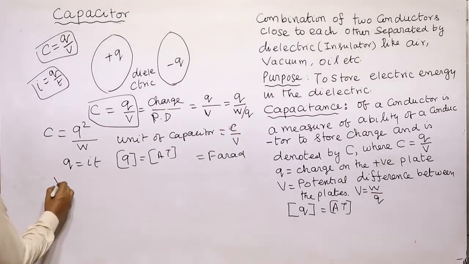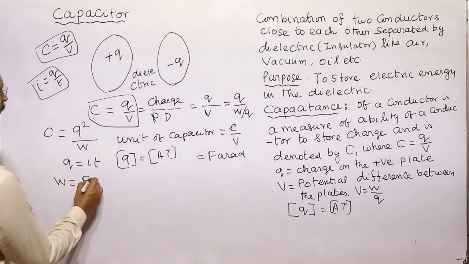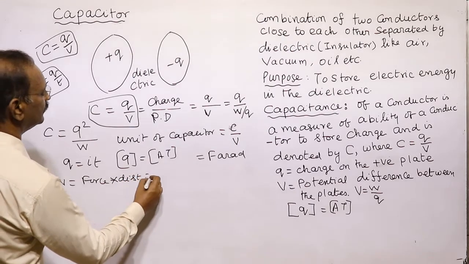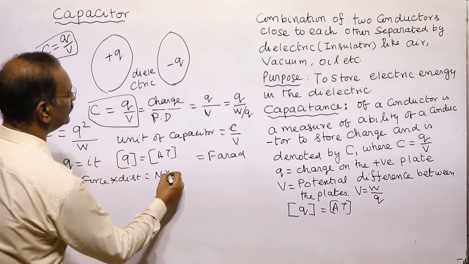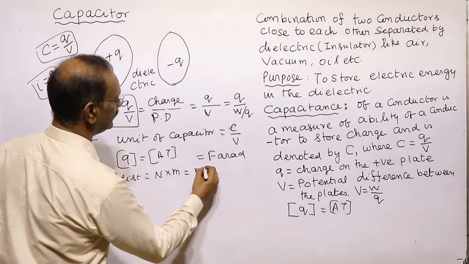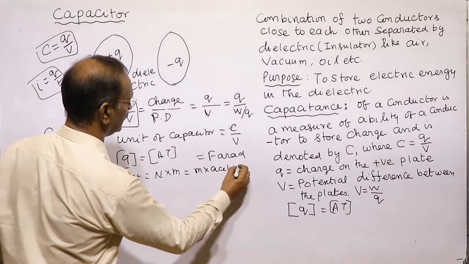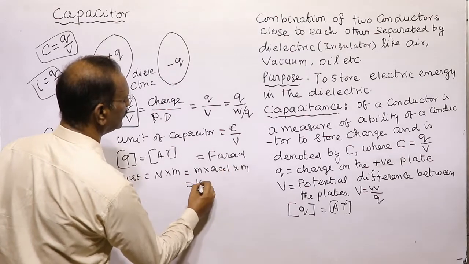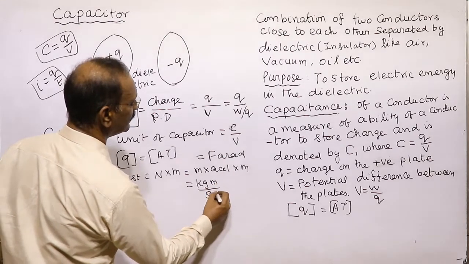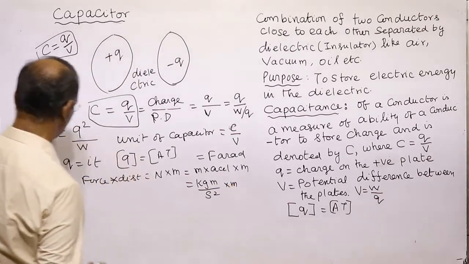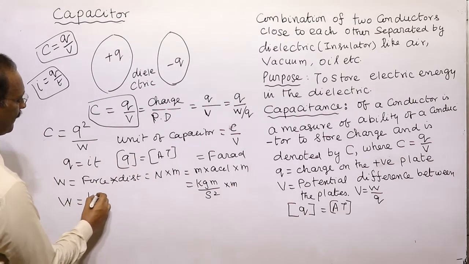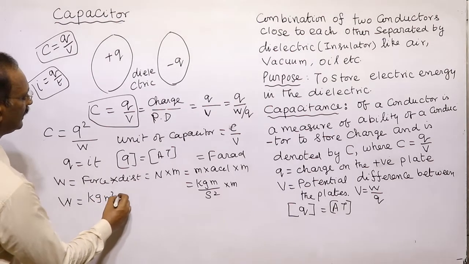Then what about work done? Work done is equal to force into displacement. Force is Newton into meter. Force means mass into acceleration, so kg meter per second square, into meter. Therefore work done is kg meter square into s to the power minus 2.